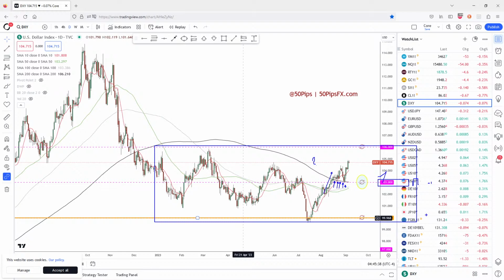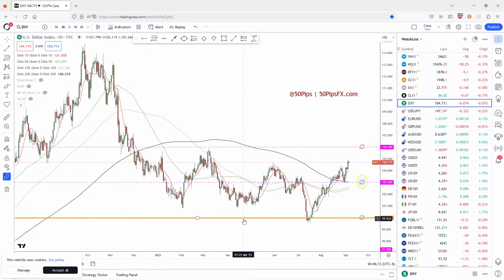Broader range, low end of the range, mid, high. This is extremely technical, because as you can see also, we had this descending trend line. Number one, we're holding mid. Number two, we're holding that 200 DMA.